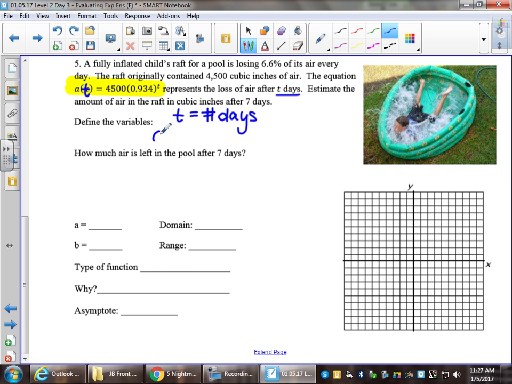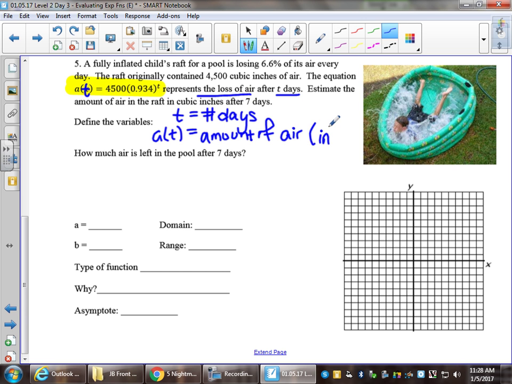What about A of t? What about cubic inches, do you know? What is that measuring? Good job. The air loss, and that is measured in cubic inches. So A of t represents the amount of air left in the pool, amount of air in cubic inches.